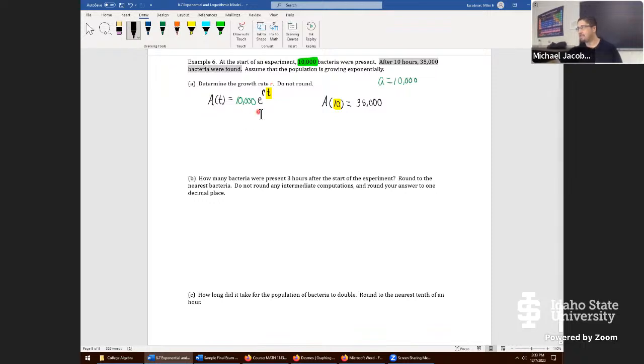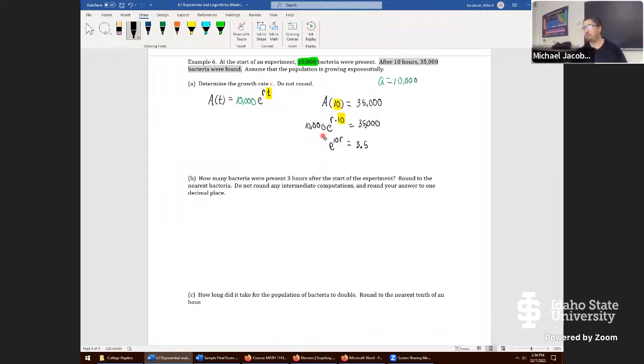Let's write this out as 10,000 e to the power of R times 10, which is now equal to 35,000. First, divide 10,000 into both sides of the equation. We get e to the power of 10 times R, or R times 10 if you prefer, is 3.5.